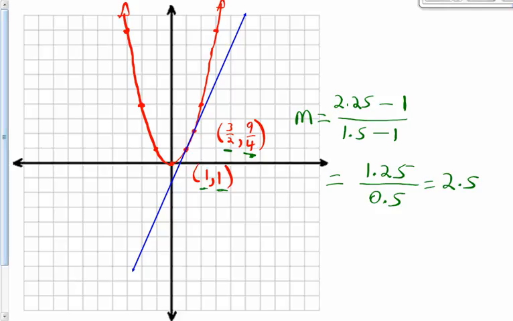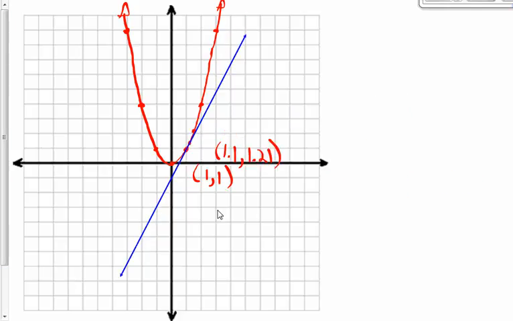Let's calculate another one. This one is even closer. The difference between this x value and this x value is only 0.1. Let's calculate the slope of this secant line.